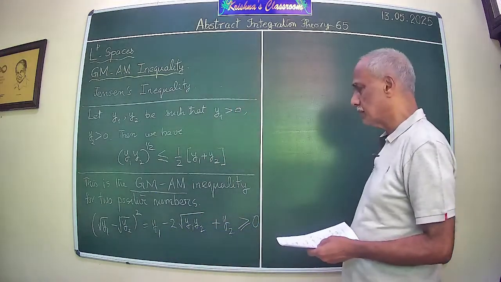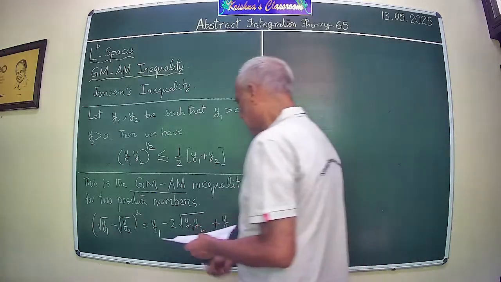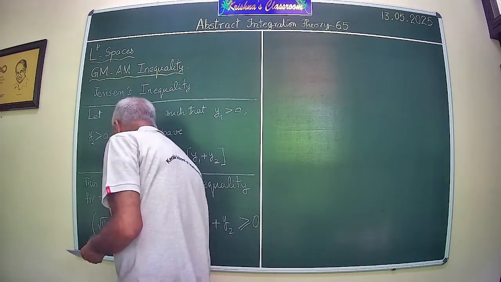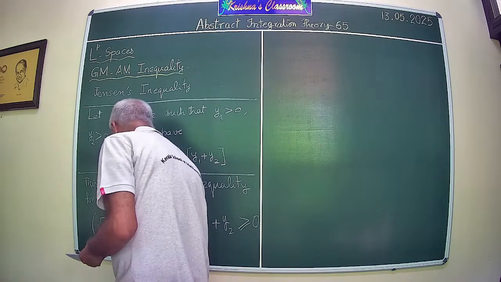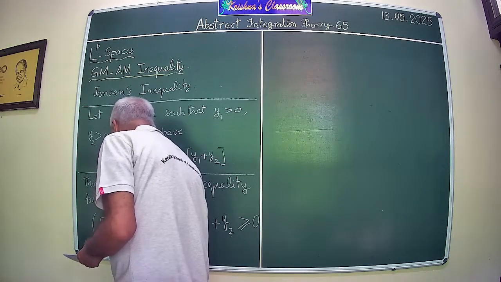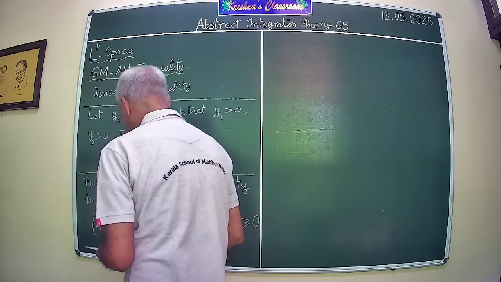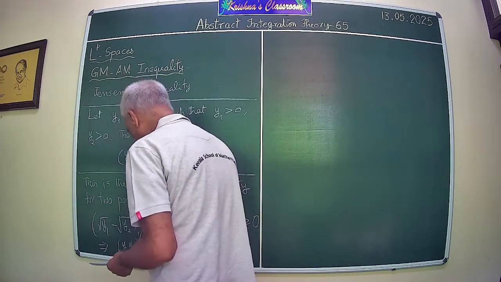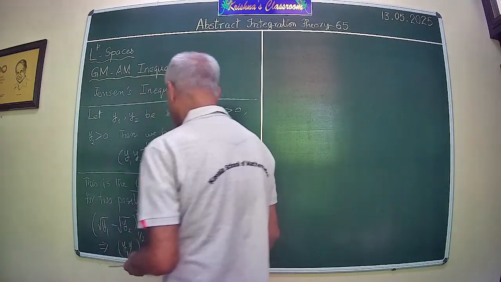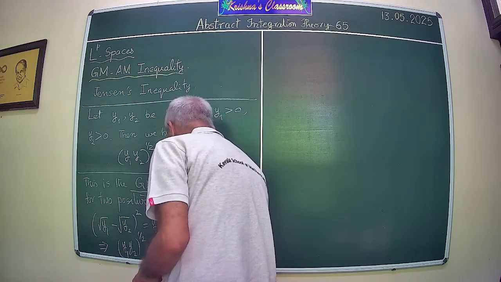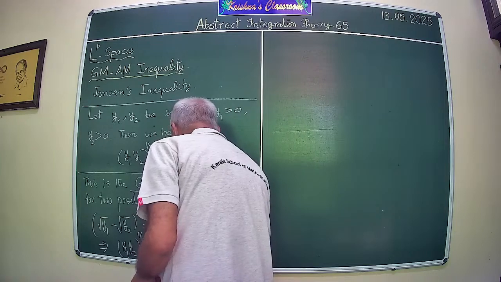Now from this it is easily seen. This implies that the square root of y1 y2 is less than or equal to half of y1 plus y2.